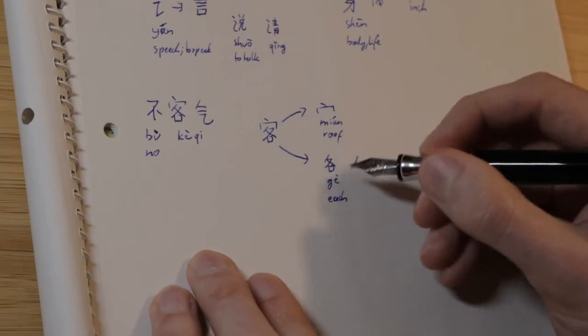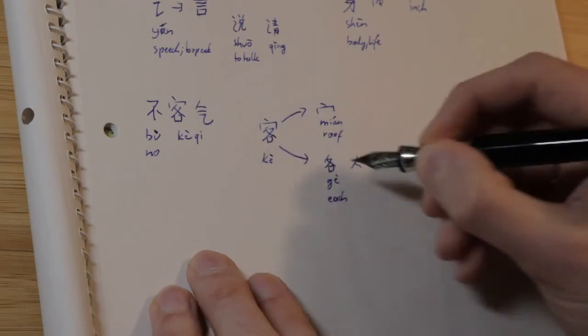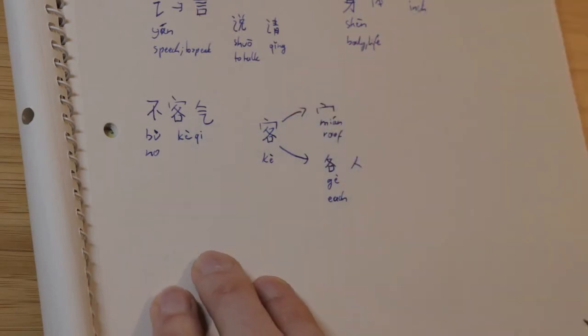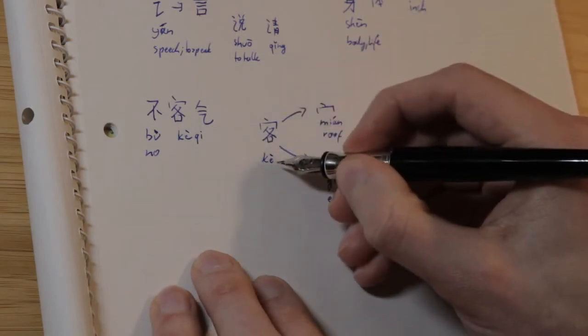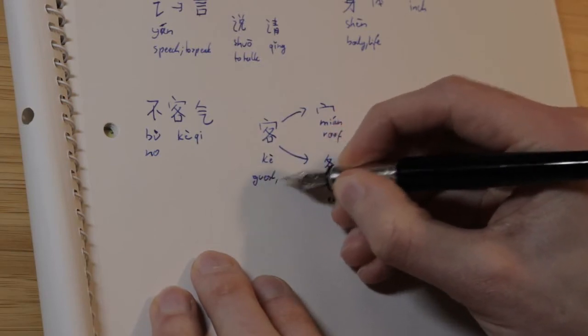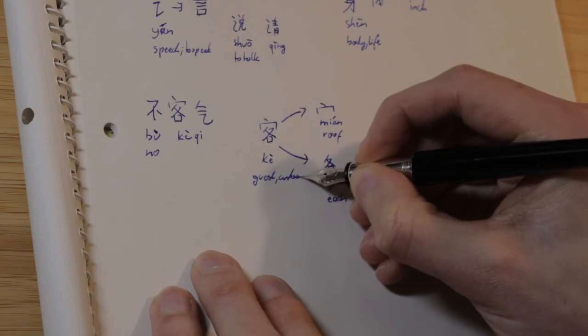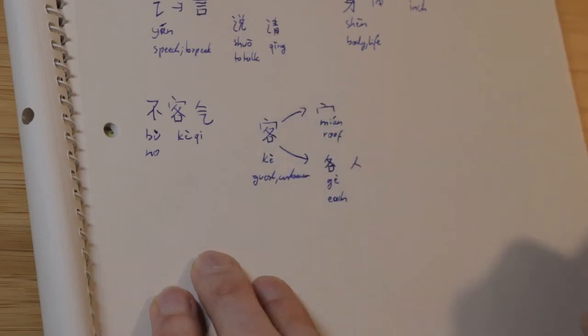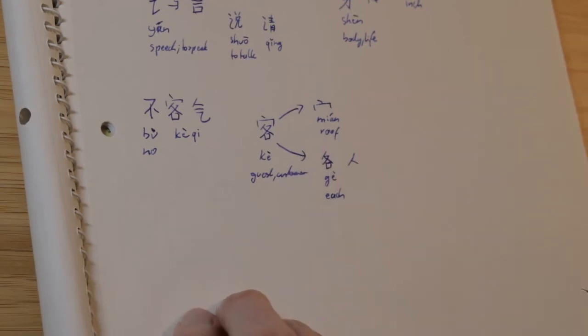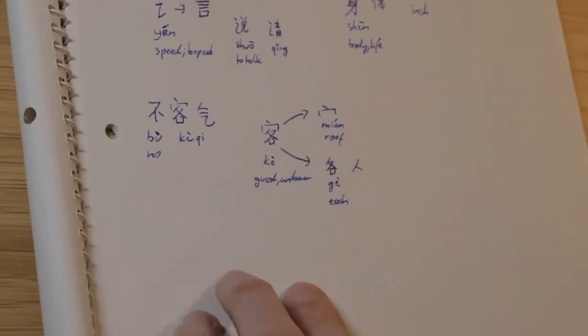So the ge here is clearly for the pronunciation, right? And the whole ke means guest or customer, which also makes sense that it's under the roof. So it's like in a house, maybe in your home, and you have a guest, or if you're in your shop, then you have a customer.